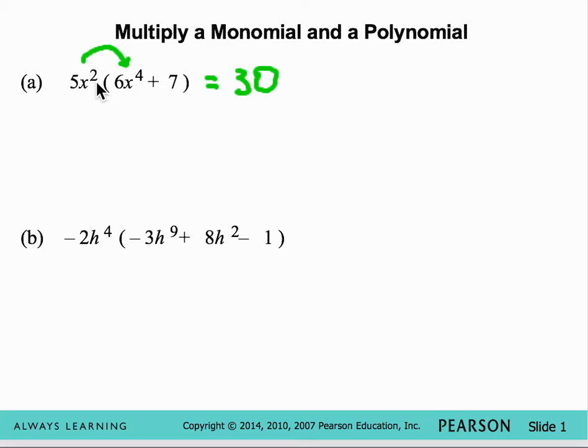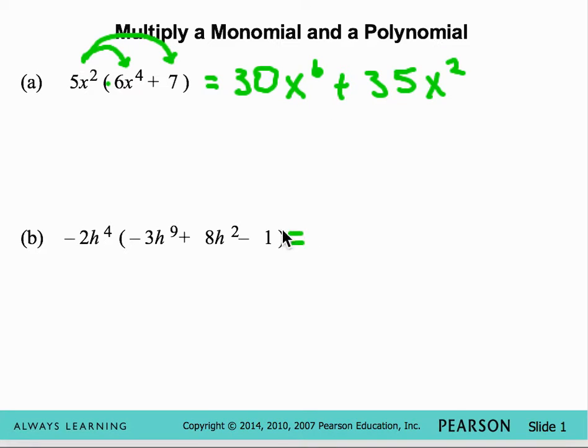Here's two of them being multiplied together, and then I'm going to multiply that times 4 more. So x to the sixth. And then 5 times 7, positive 7, is positive 35. And there's not another variable term, so I just keep that times x squared. If I could simplify this, I would, but these are not like terms, so I can't combine them.